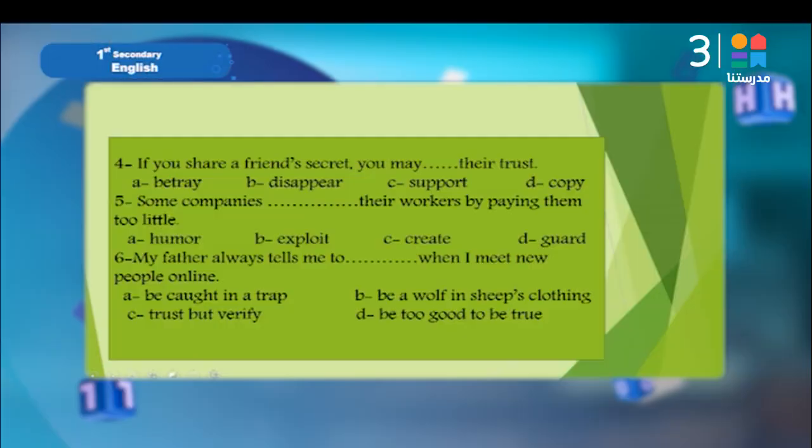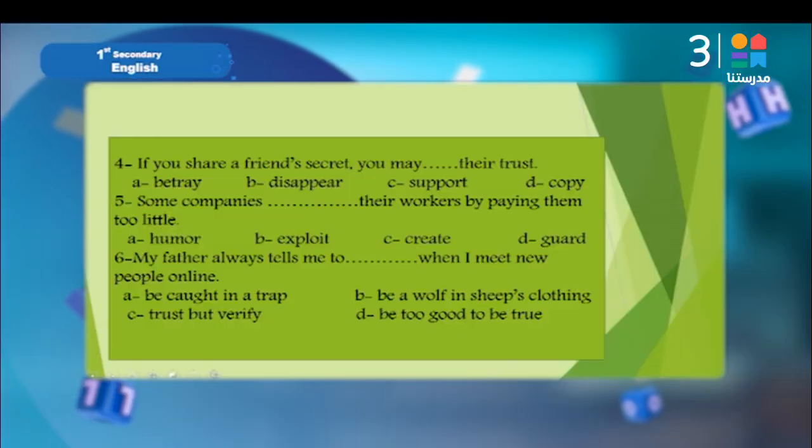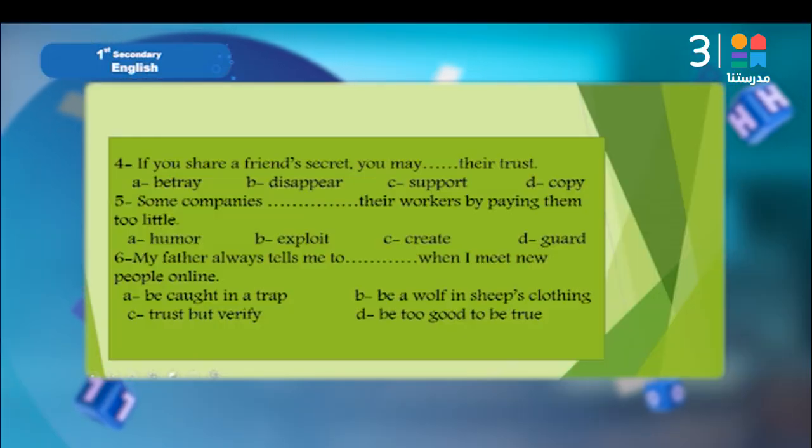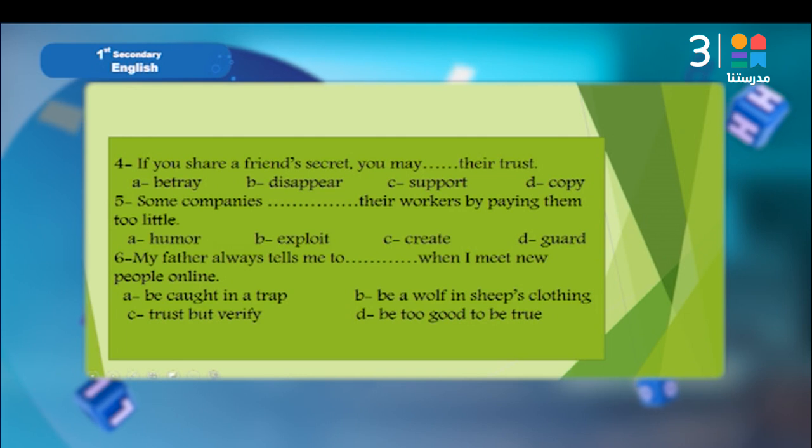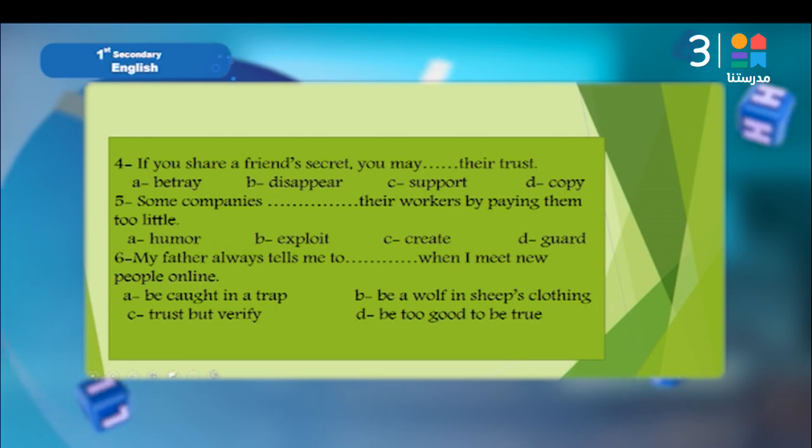They told us what? Be caught in a trap, trust but verify, be a wolf in sheep's clothing, or be too good to be true. Do you remember this piece of advice? Yes, excellent, very good. Trust but verify. Trust but verify. It is exactly the same story as the saying: be careful and do not betray. Trust but verify.